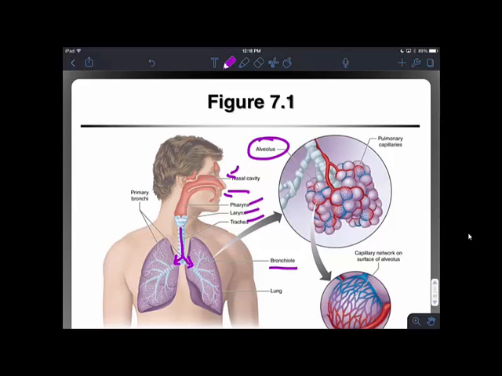Each of these alveoli is surrounded by a very dense network of capillaries, and that's where the exchange can occur. That's where pulmonary diffusion occurs, between the alveoli and the capillaries surrounding the alveoli.